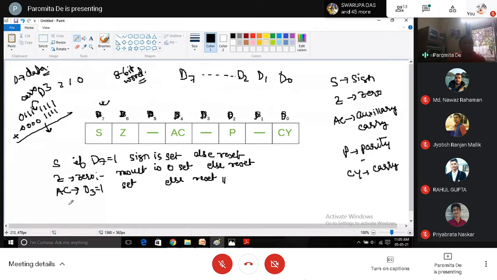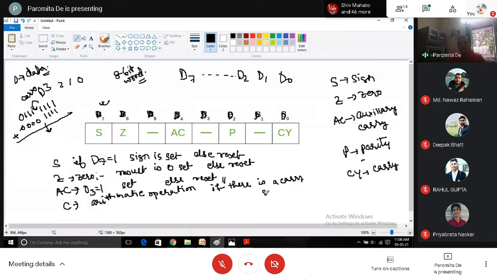If a carry is generated in any arithmetic operation, then this flag is set, or else it is reset.